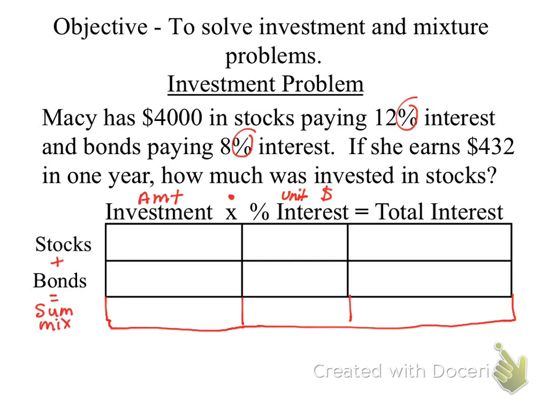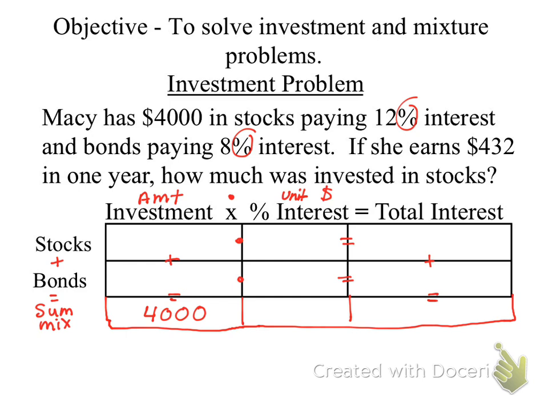Remember, we add going up and down, and we multiply going across. Where do you think the 4,000 goes? Is it a stock, is it a bond, or is it both? Both. It goes down here. It's the both.